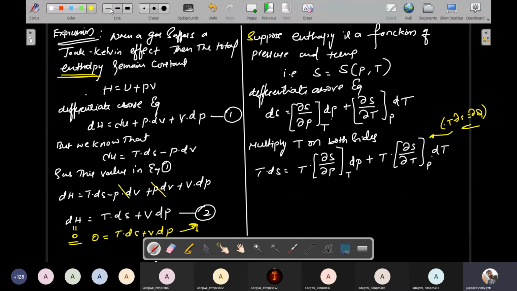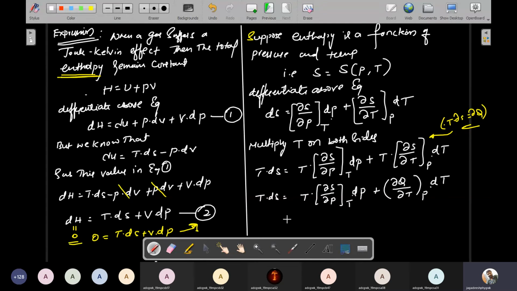So this equation can be written as T ds = T (∂s/∂P) at constant temperature into dP plus, taking T inside, T ∂s = ∂q by ∂T at constant pressure into dT.